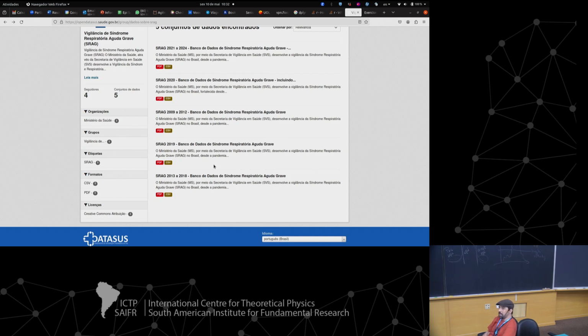This is part of it, but it's not all of it. But also because the variables changed. So you don't have a consolidated, common data set from all the way back to 2009 all the way to 2024, because the database itself is different, okay?